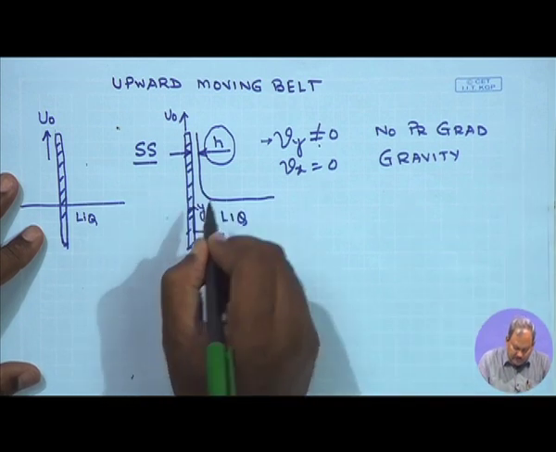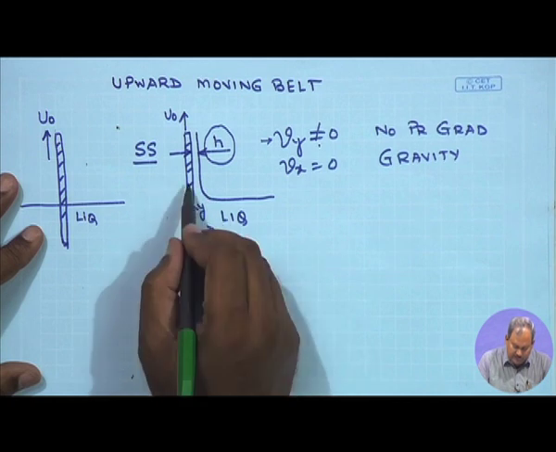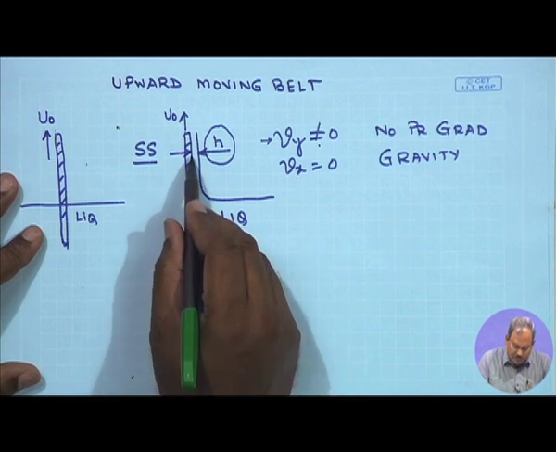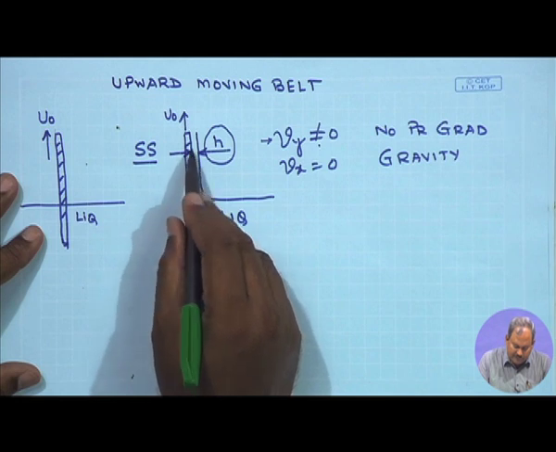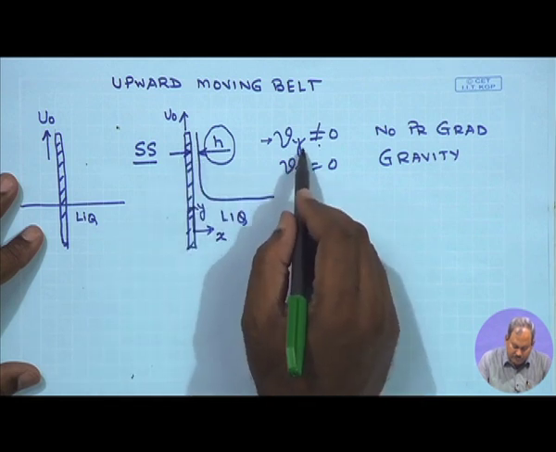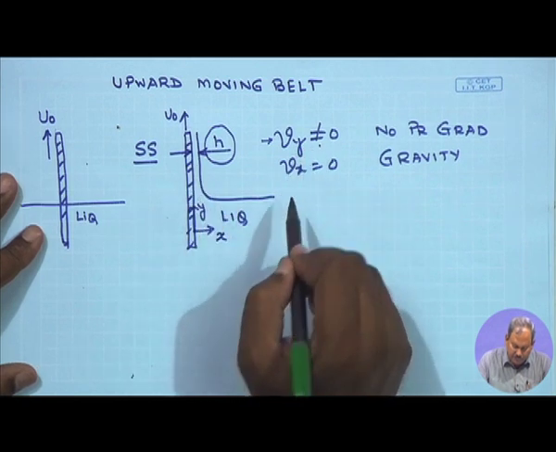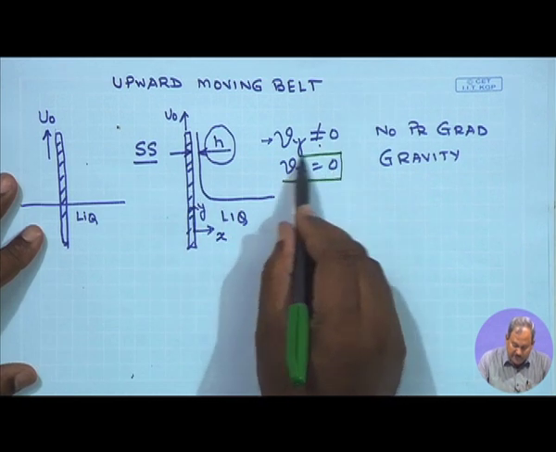You can clearly see that the velocity is varying with x. This is moving upwards, this is a free surface. The velocity does not vary with y, and there is no Vx in here.